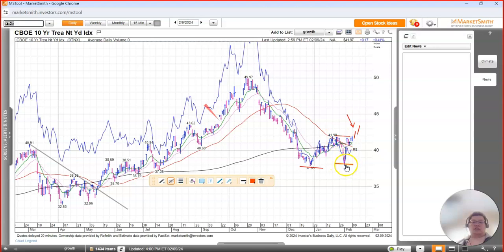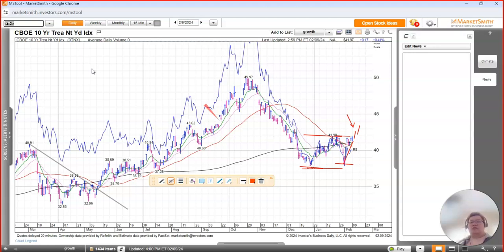This is a 10-year yield chart. When you look at charts and see it can climb so fast and recover everything in weeks, that's a really strong chart. So there's a high chance it's going to move higher. And what does that mean for growth stocks especially, right?